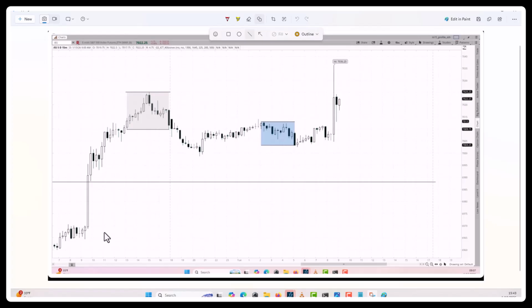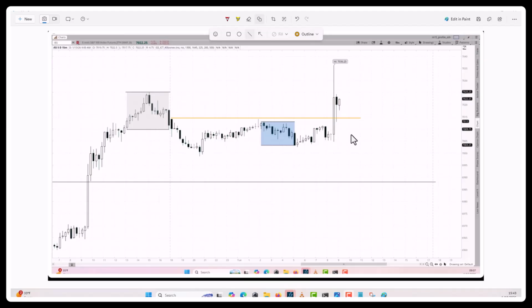All right, so right here, at least, the open range right there, right? The high level, you see that? So that means it broke, it touched from above, and it can what? It can reclaim that level.